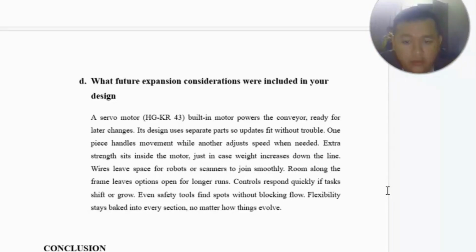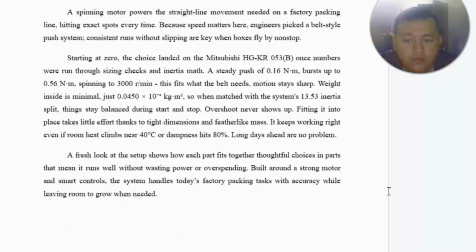Wires are left with space for a robot or scanner to join smoothly. Room along the frame leaves options open for a longer run. Control responds quickly if tasks shift or grow. Even safety tools find a spot without blocking flow. Flexibility stays built into every section no matter how things evolve.